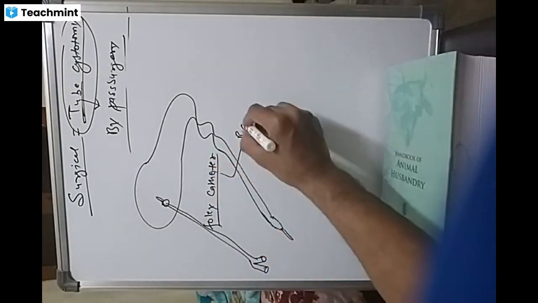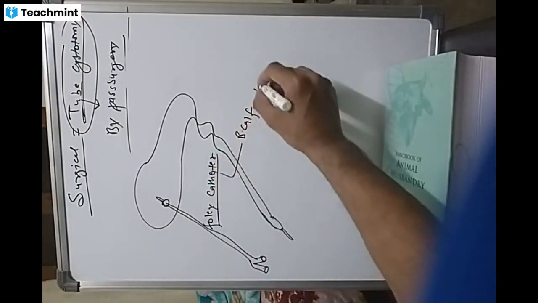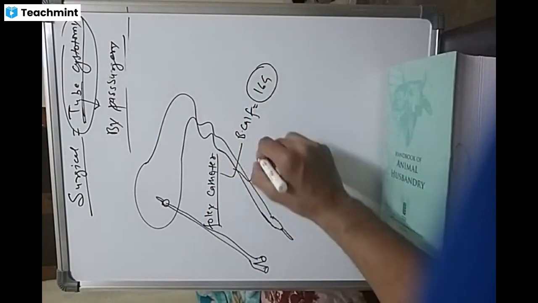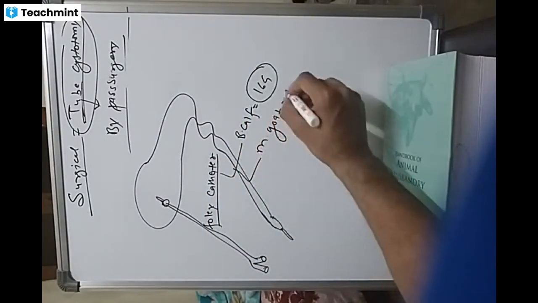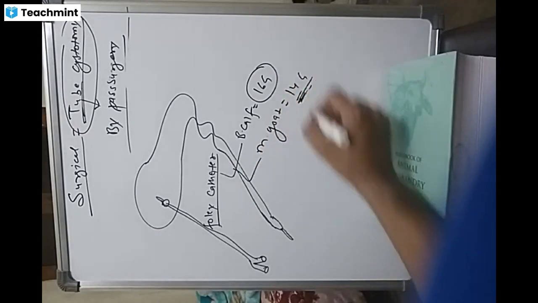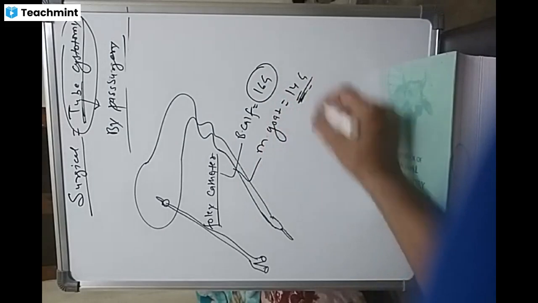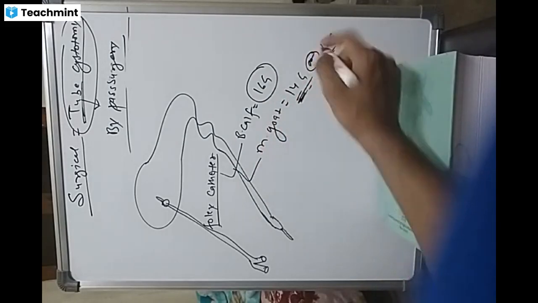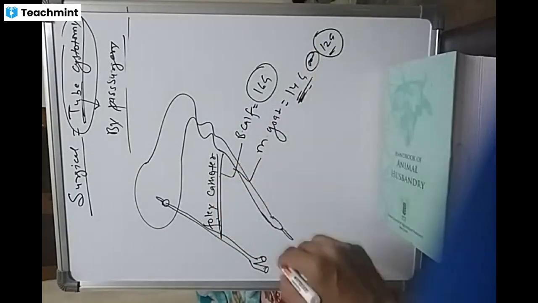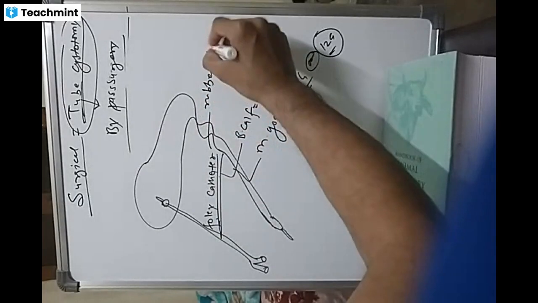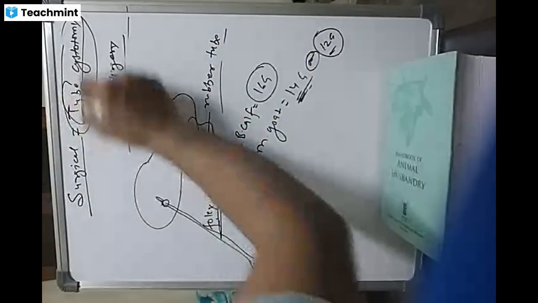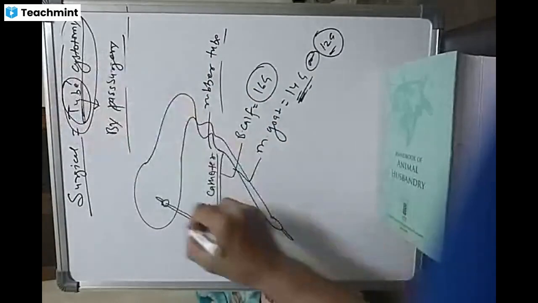In case of buffalo calf, here we are using 16 gauge, and 14 gauge in the male goat. The size varies.